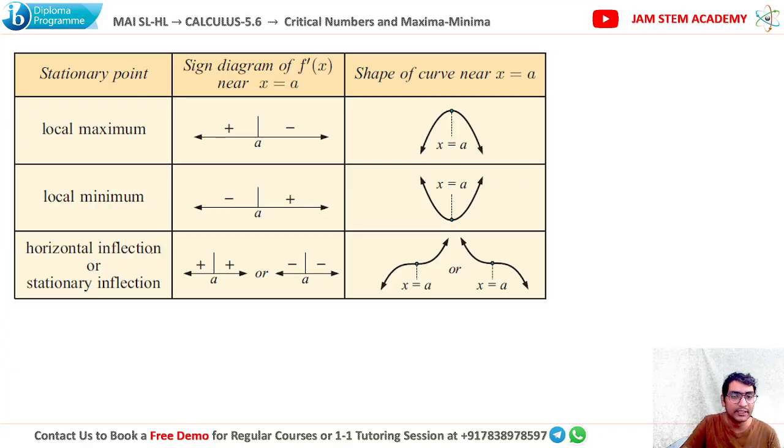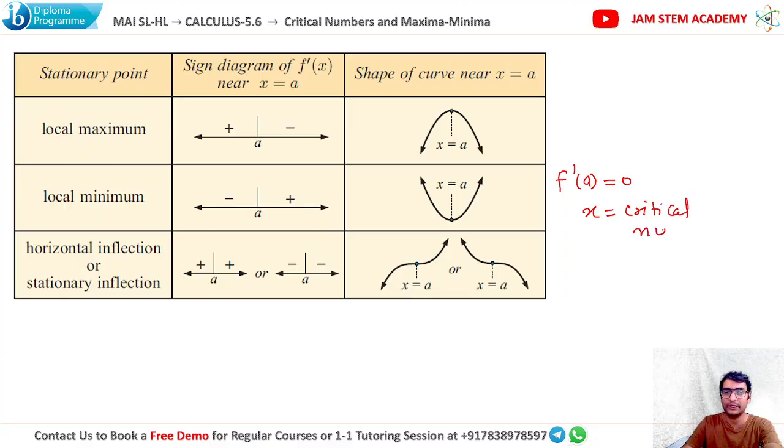In those cases we call x equal to a the stationary inflection point or horizontal inflection point. So the graph was increasing, again increased after that, but f prime is 0 in that case. In all these three we have f prime of a equals 0. So this x equal to a is our critical number.